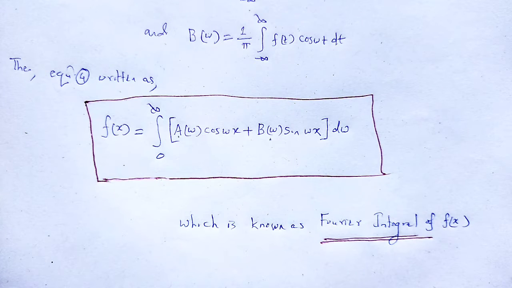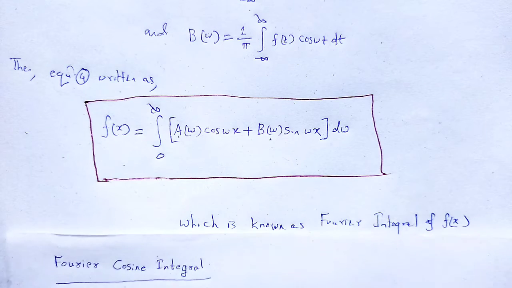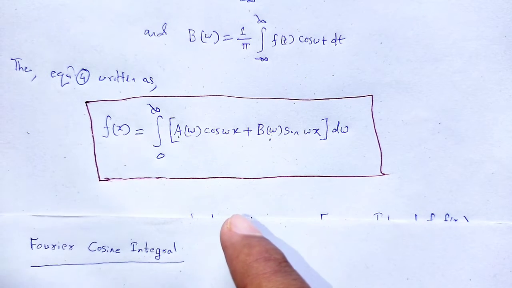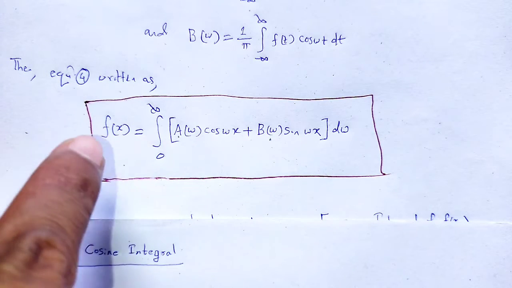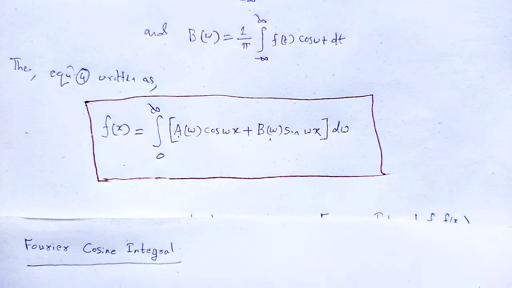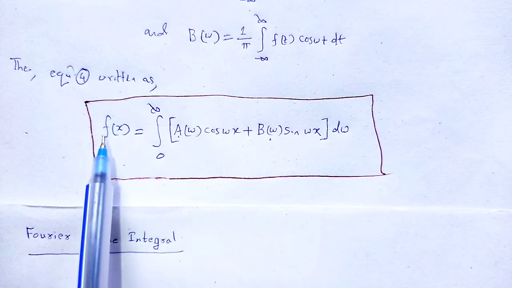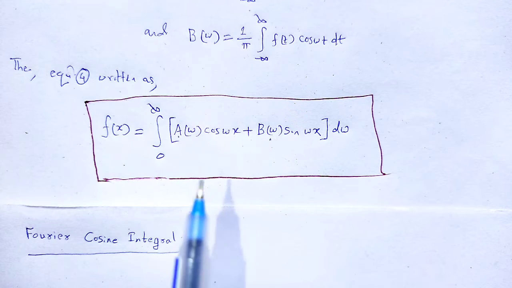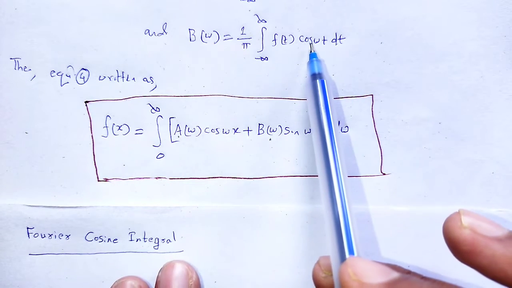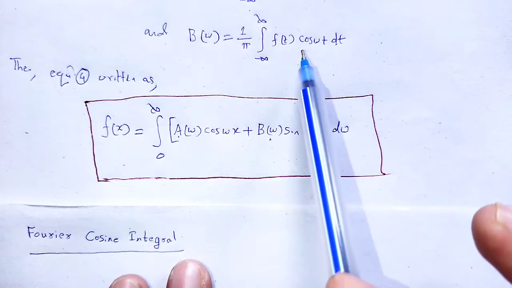Next, look at that expression. If that function is either even or odd, it can be classified as follows. If f of x is an even function, then b of omega will be 0.